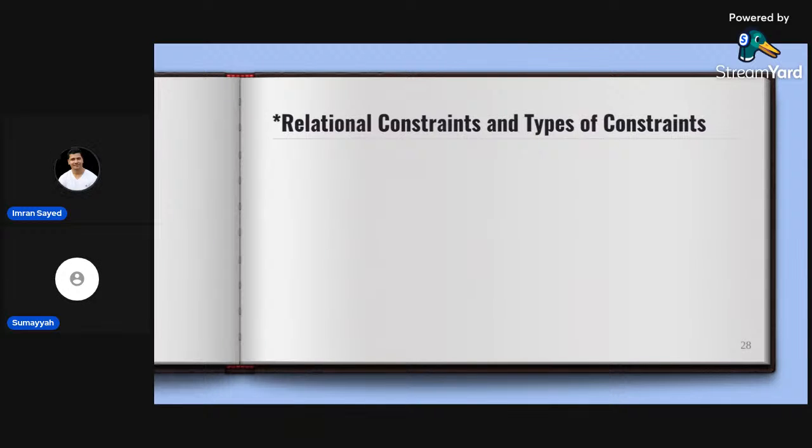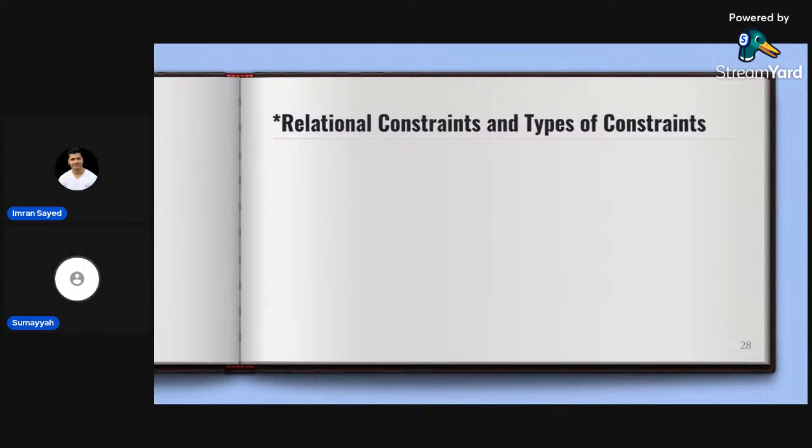The entity integrity constraint states that the primary key should not be null. And what does the referential integrity constraint state?